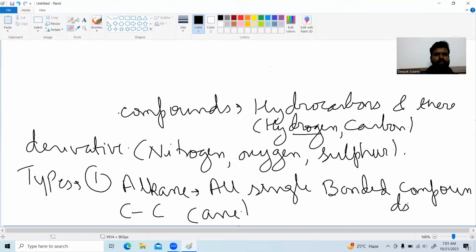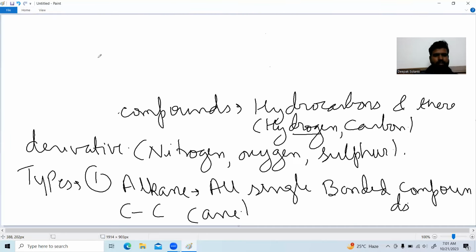This is C, H, H. You know, carbon has 4 valency. It can complete the 4 valency. Now there are 2 carbons here. Number 1 is this, and number 2 is this. Both the carbons have 4 valency. See 1, 2, 3, and this is bond 4. 1, 2, 3, and this is bonded with the other carbon, and the valency is 4.